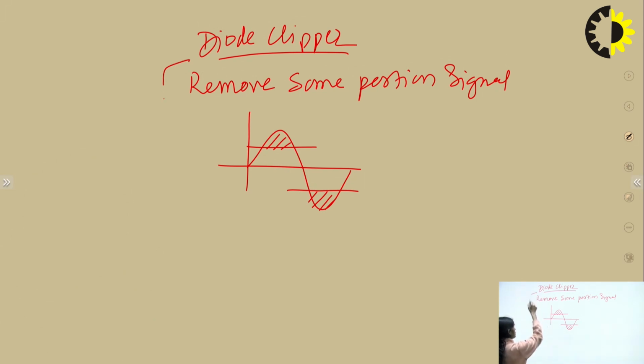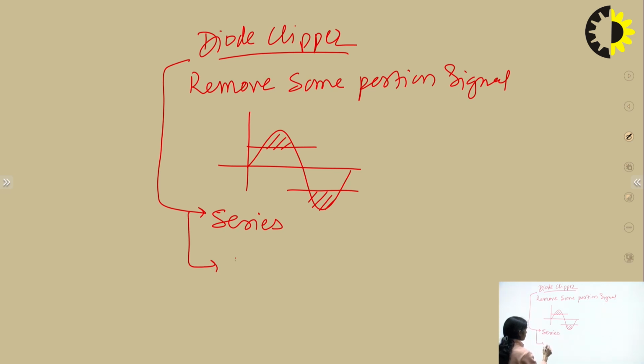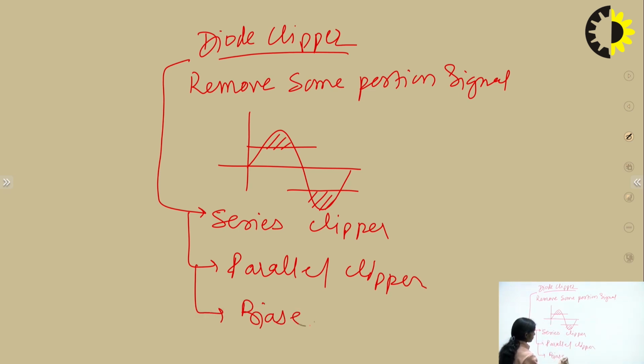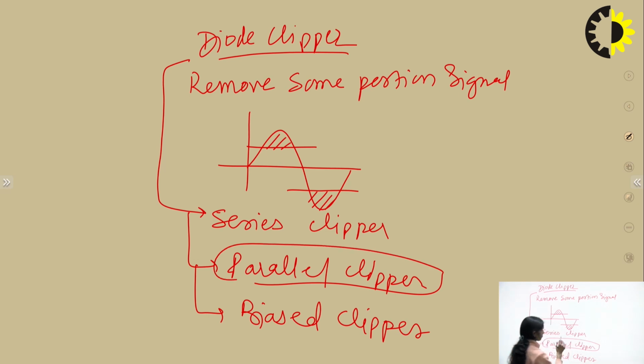And as we had seen in our different lectures, diode clipper circuits are basically of different types. They are of series clipper, parallel clipper, then we have biased clipper. So in this video lecture, we will cover basically the parallel clipper circuit arrangement.